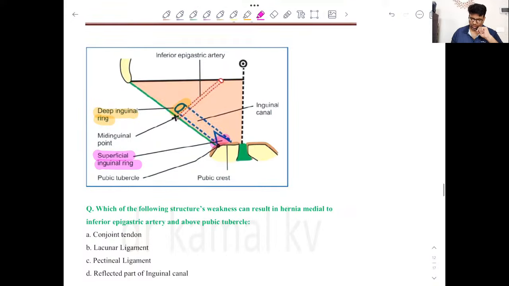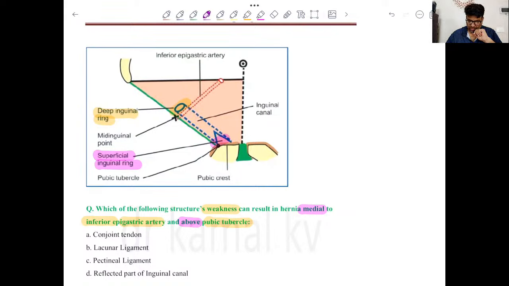Then moving on to the next question related to the same concept. Very good, Kakul. Now the next question, again from the same concept but a clinical presentation. Weakness of which structure will result in hernia medial to the inferior epigastric artery and above the pubic tubercle? I have already told you the location of the inferior epigastric artery.